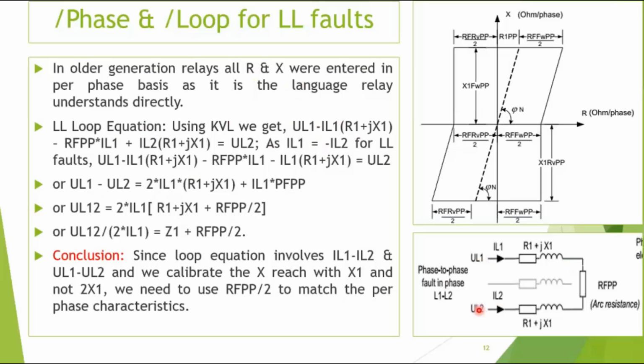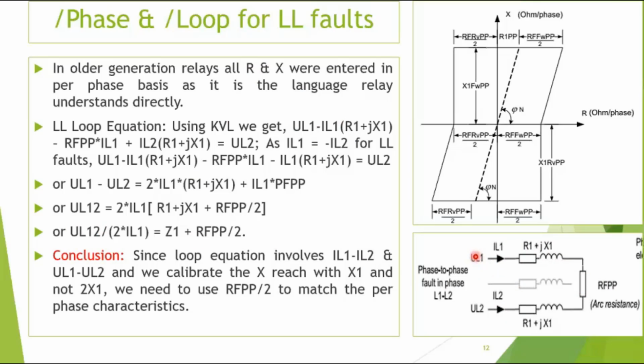UL1 minus UL2, the phasor difference of these two voltages, divided by the phasor difference of these two currents. That is how this impedance loop is measured. So in this impedance loop, you can see that 2 times the line impedance is coming and 1 time the fault impedance is coming.